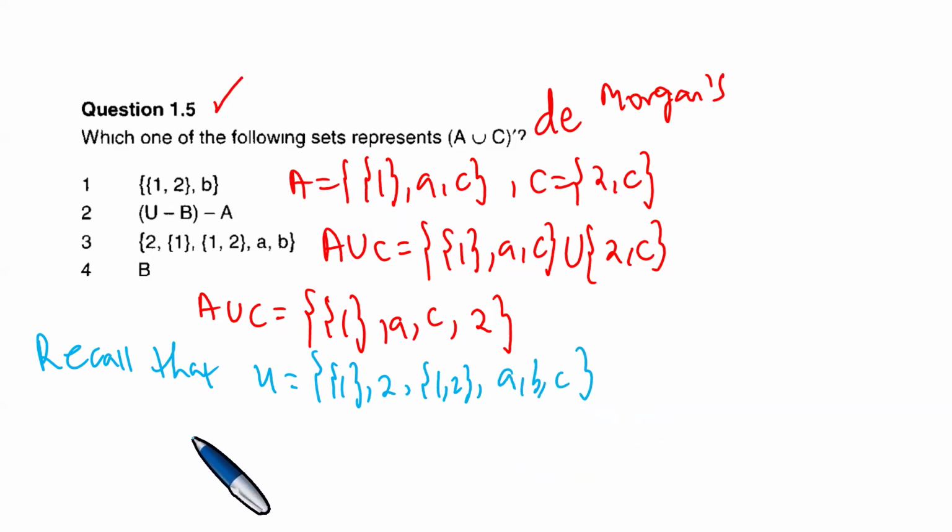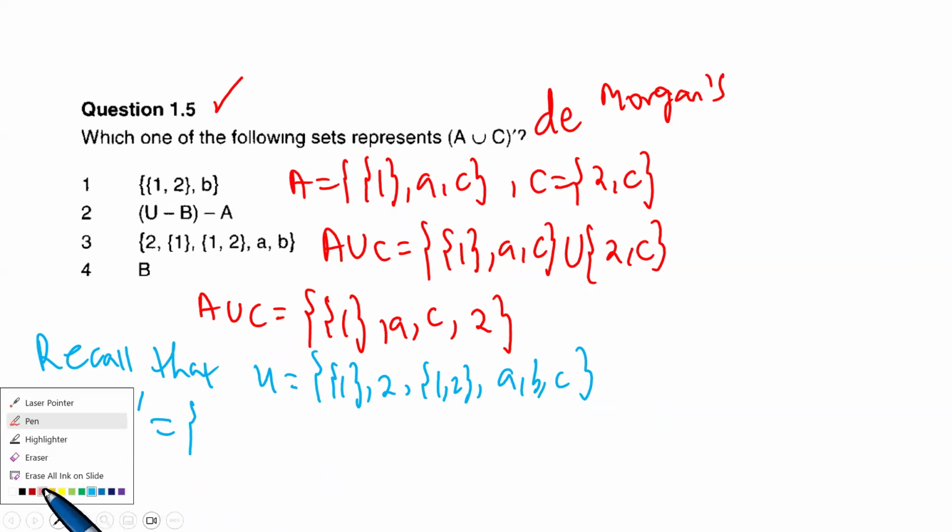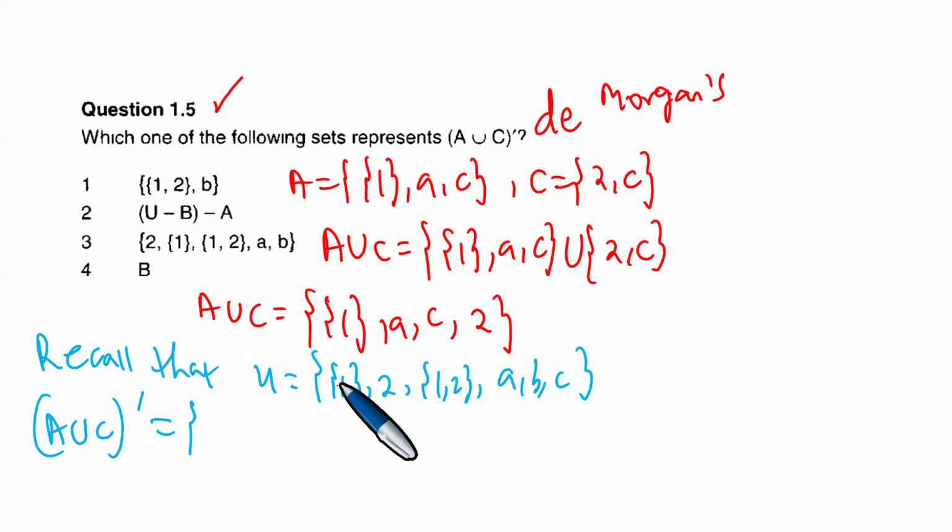Now, if we are interested in finding (A union C) complement, that would mean that from the universal set you just get rid of the elements of A union C. So we're going to cross out the element 1 there because we're interested in the complement. We're going to cross out 2 for instance.